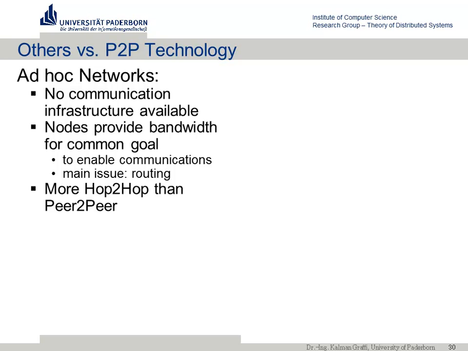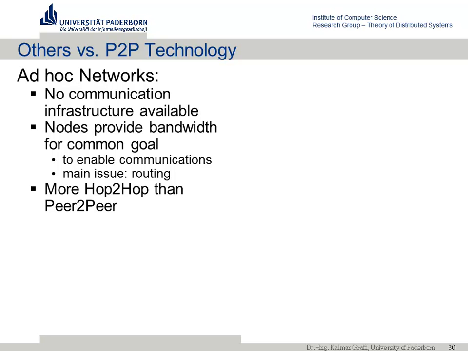Okay, some other technologies that might be linked to peer-to-peer technology are ad hoc networks, for example. Ad hoc networks, you probably know, are these wireless networks where no communication infrastructure is available. There you can have some multi-hop routing.